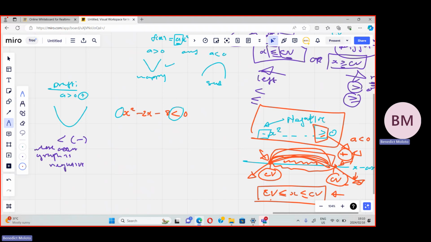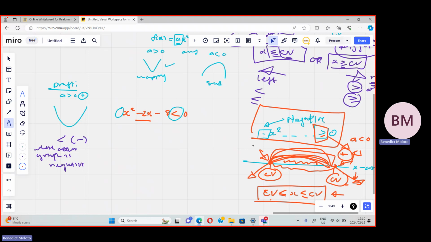Firstly, find factors. Factors form part of the x-intercepts of this graph. So be smart. We're going to find factors of 8 which, when you add or subtract them, give the middle number.